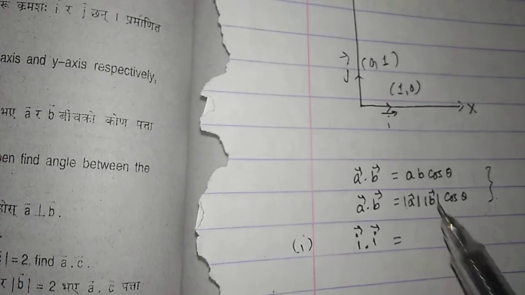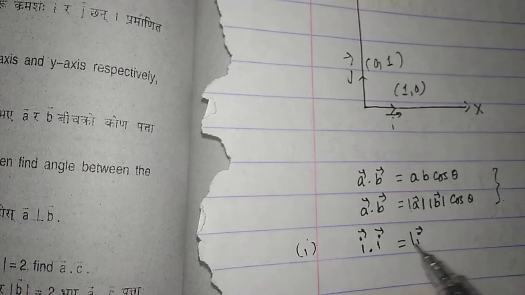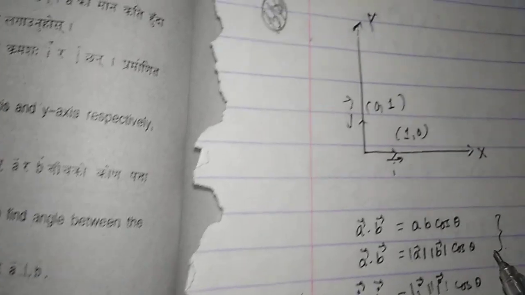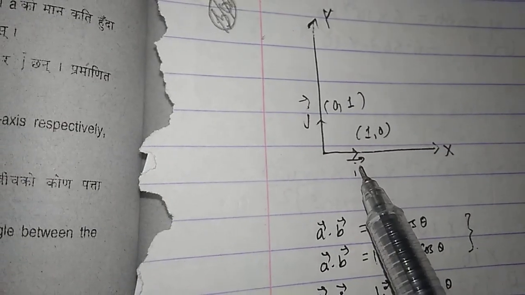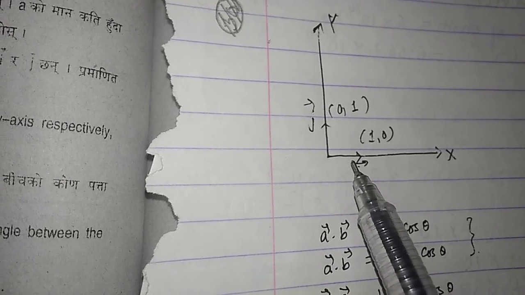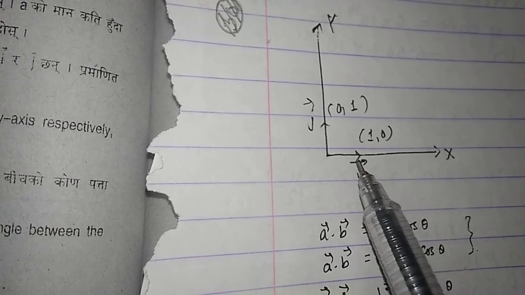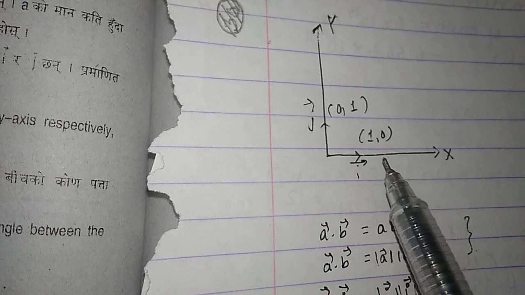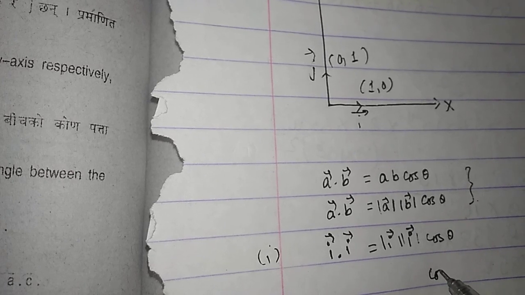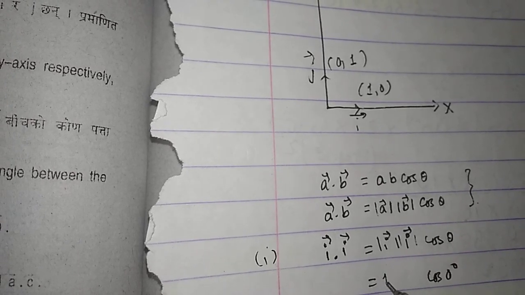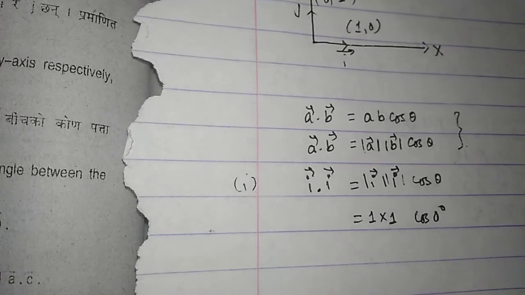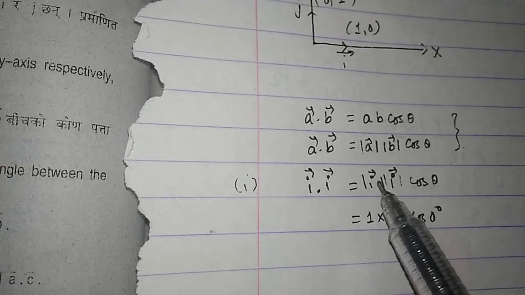Here this is the magnitude of i, again the magnitude of i, and cos theta. If i is one vector and another i is the same vector, they do not form any angle, because i overlaps itself. So theta is 0, and cos 0 is 1.